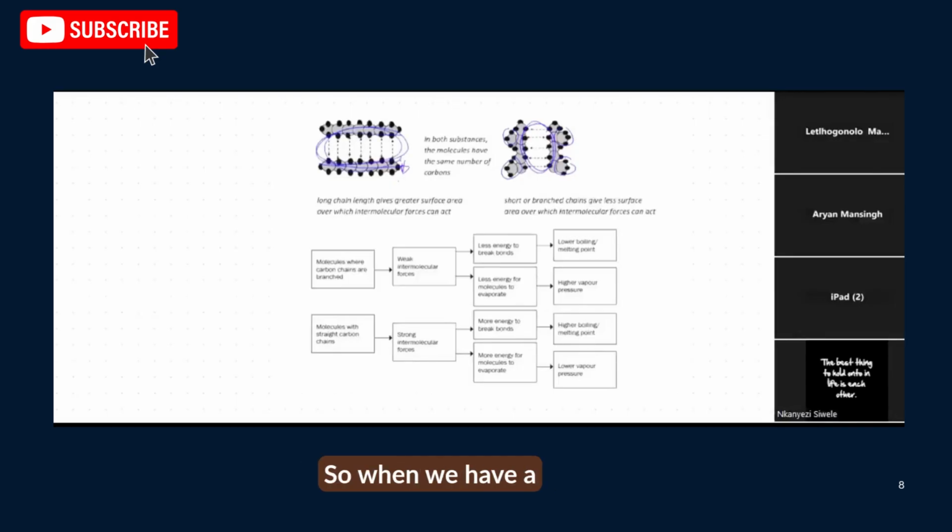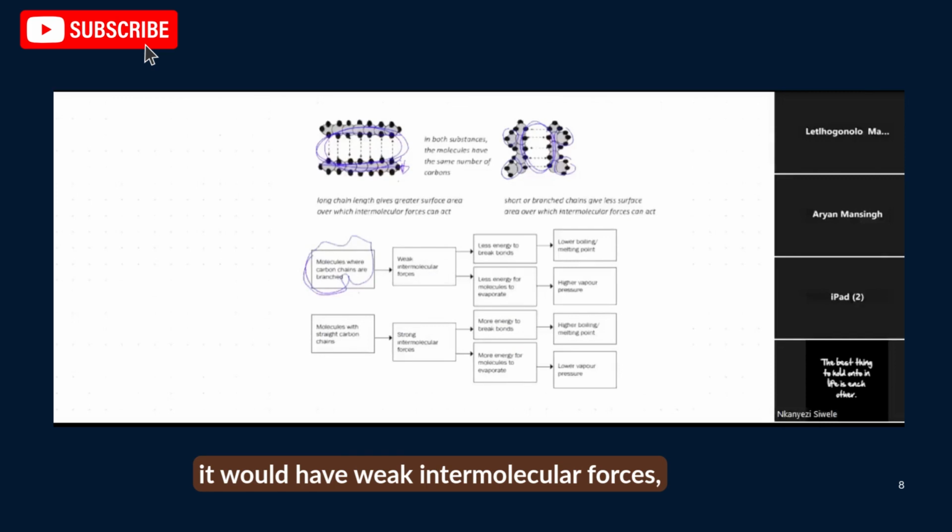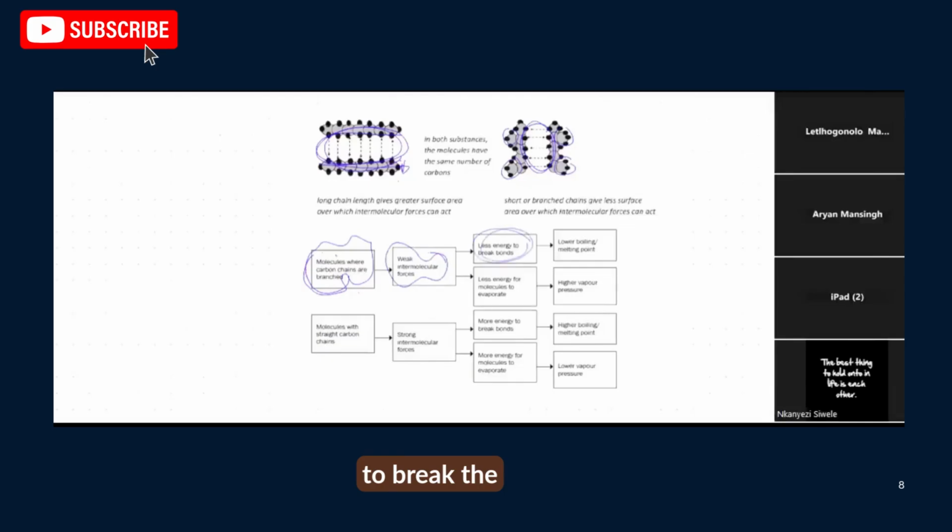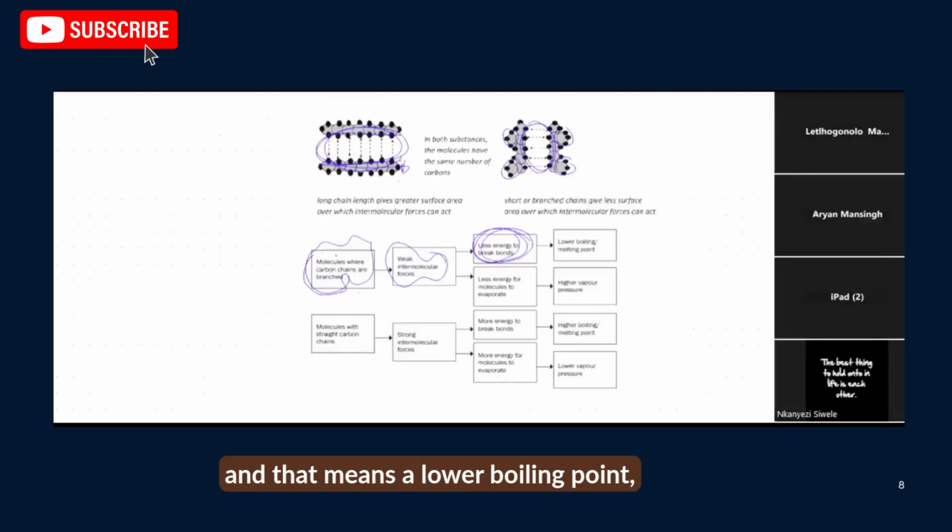So when we have a chain that has branches, it would have weak intermolecular forces, therefore less energy is required to break the molecules from each other. That means a lower boiling point and a higher vapor pressure.